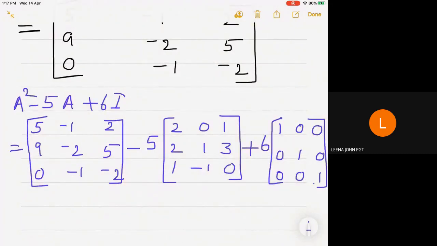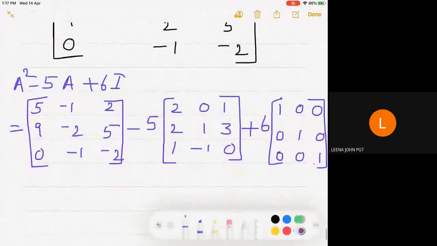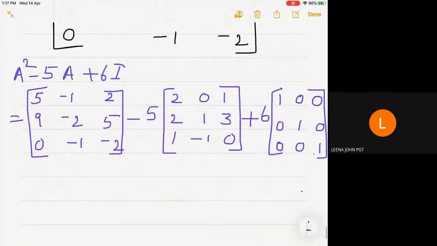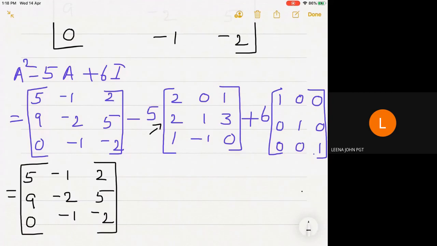Now the operations you have to do. The multiplication is a scalar multiplication, so we can do that. Every element of the matrix is to be multiplied by 5. So we'll get 10, 0, 5, 10, 5, 3, 15.